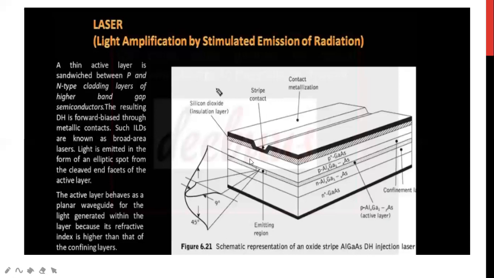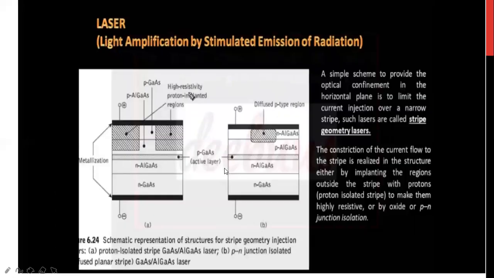But with this structure, there is a chance for lateral spread, and this lateral spread can be reduced by providing a high resistivity proton implantation near the strip, or by creating a PN junction.